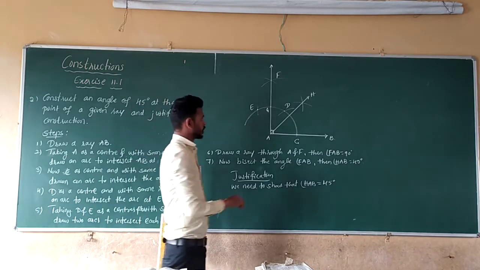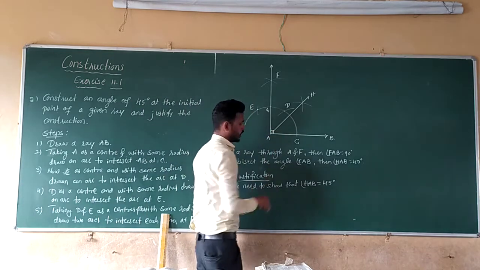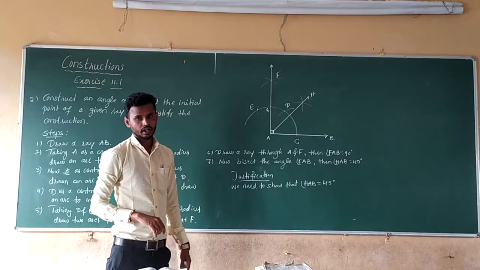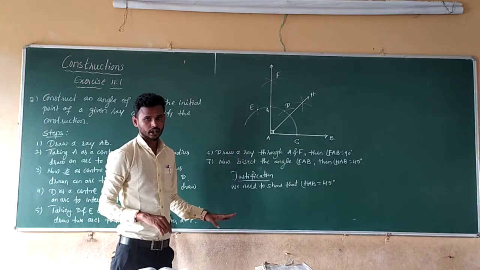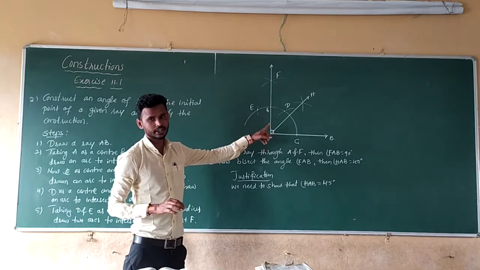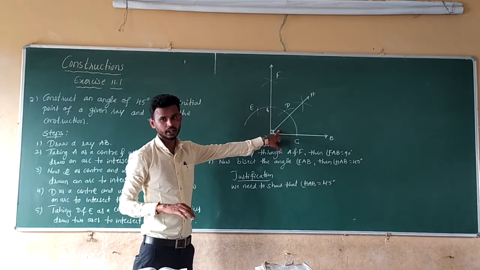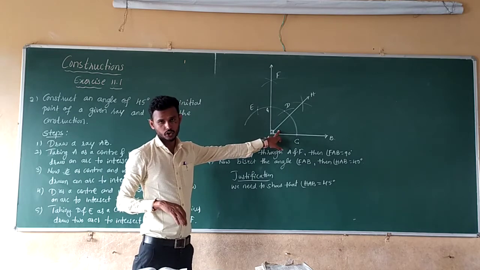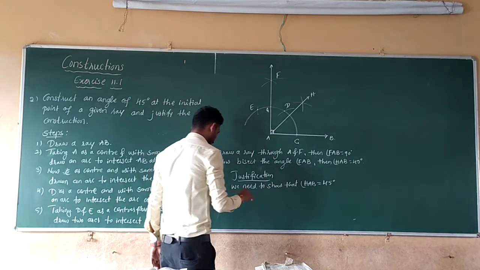For that, first you need to show that this is 90 degrees. You know how to show that, the justification of 90 degrees from the first question, so I won't solve that again.